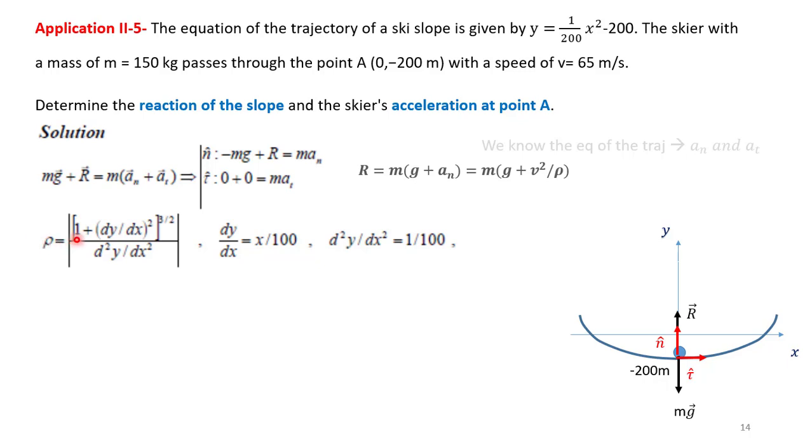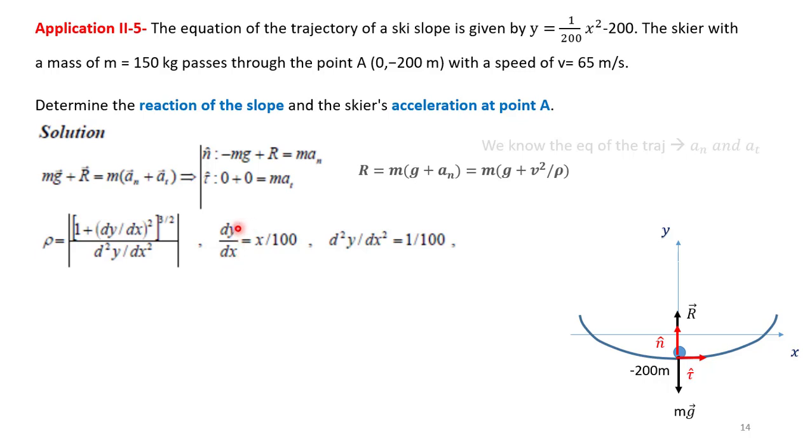It's equal to the absolute value of 1 plus dy over dx squared, the numerator raised to the power of 3 over 2, over d2y over dx squared. So we have to find what is dy over dx, and we have to find as well what is d2y over dx squared.